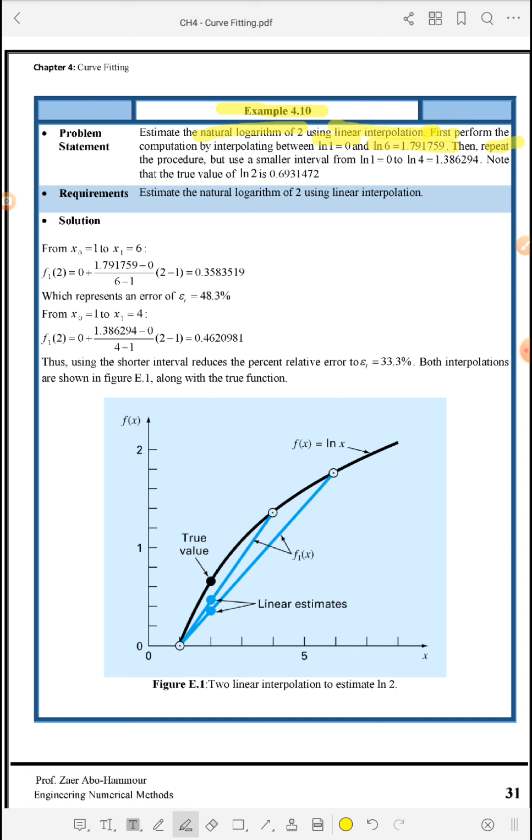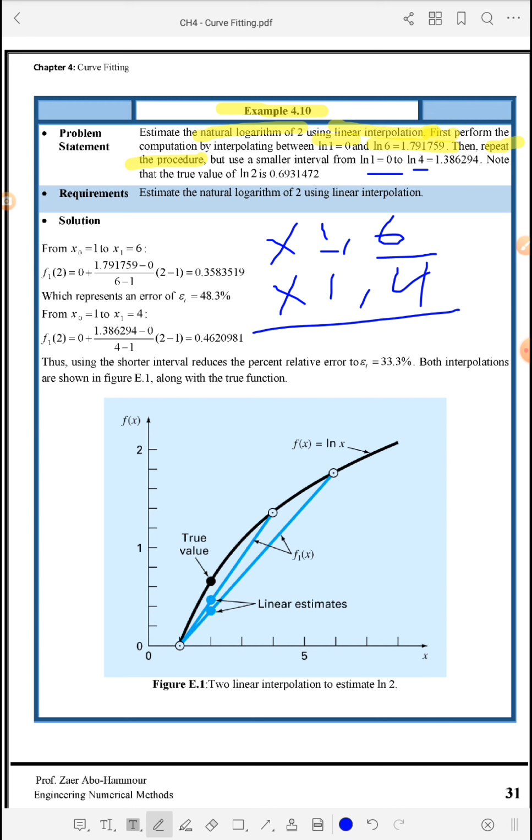And then we will repeat the procedure, but we will shorten the distance between the base points. In the first case we use 1 and 6, and we find their function values. In the second case we will use the same one, which is here, ln 1, and we will shorten the distance, and we will use the other one as 4. So in the first case 1 and 6, which is farther away from each other, these are the x values in the first case, while this is the x values in the second case.